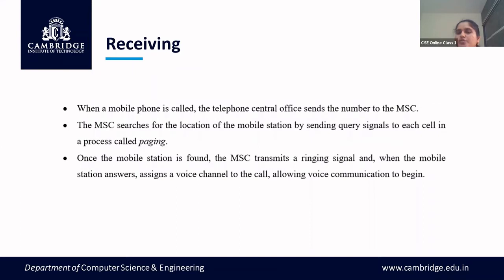This process of querying the signal, identifying the location and bringing that particular cell into the communication is called paging. Once paging is done, the mobile station can assign a ringing signal for the other party or other person who is being called.